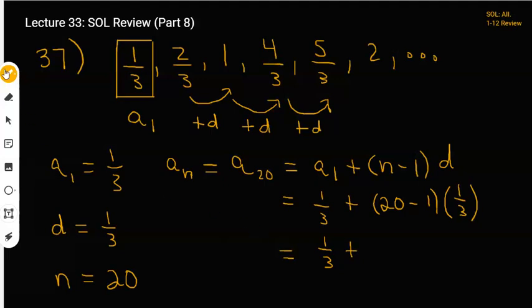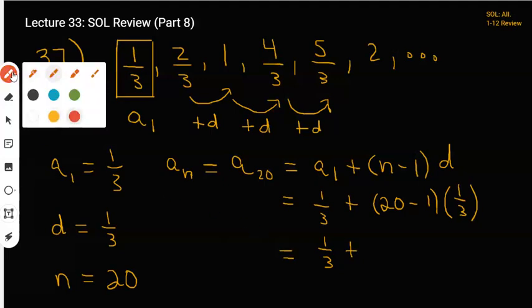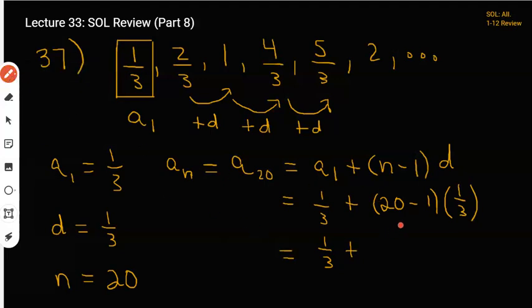The next thing I can do is 20 minus 1. Twenty minus 1 is what? 19. And then I have to multiply it by 1/3.